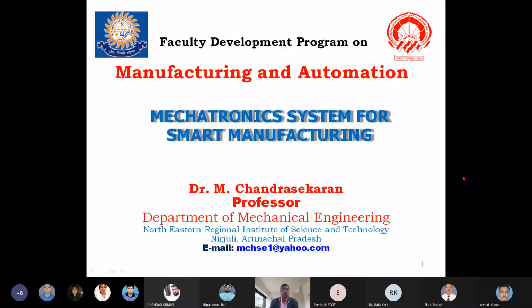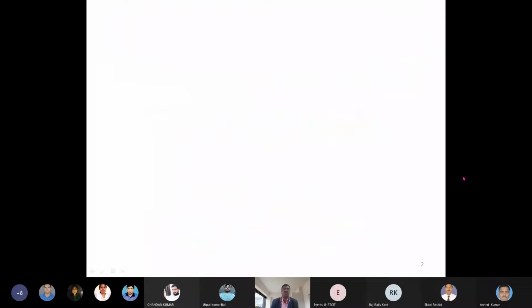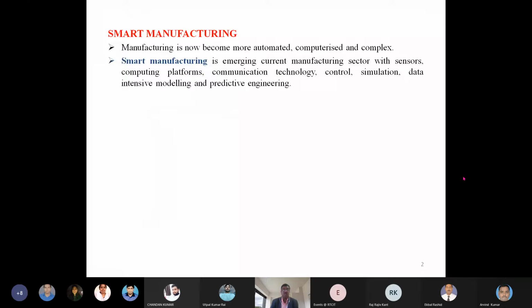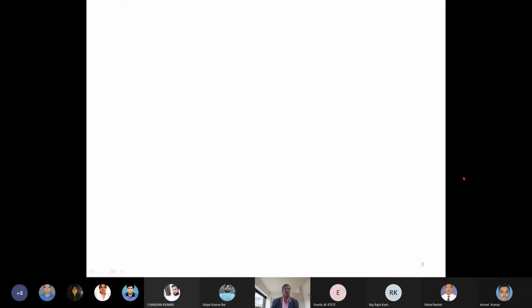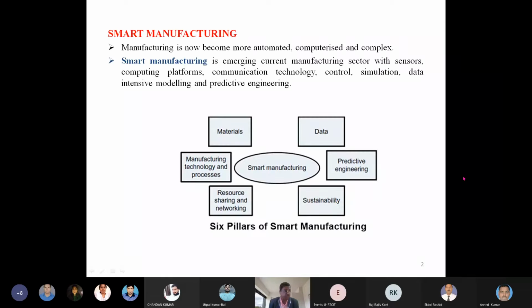Now we come to smart manufacturing. It has evolved to be more automated and computerized, as well as complex in nature. Smart manufacturing is very popular in the current manufacturing sector. When we talk about smart, the sensor always comes into the picture.